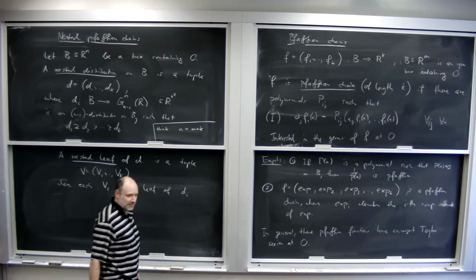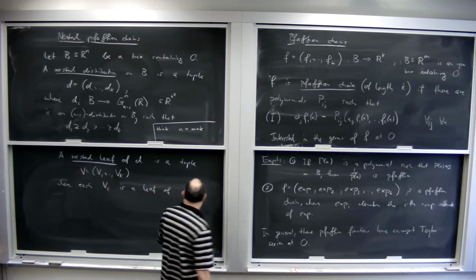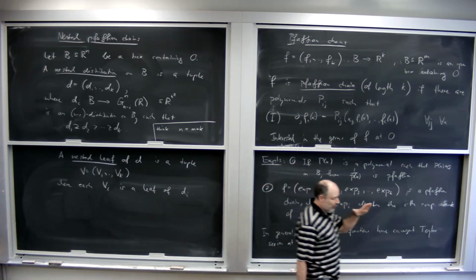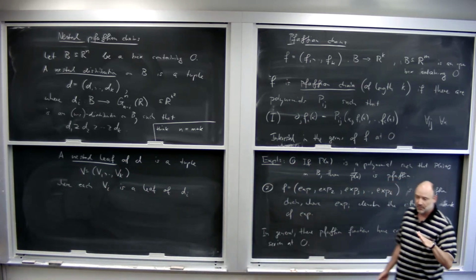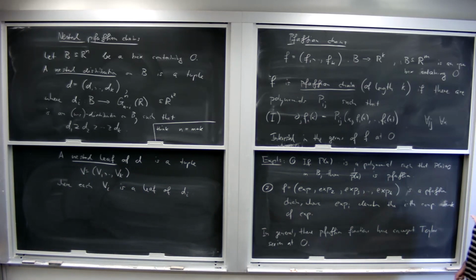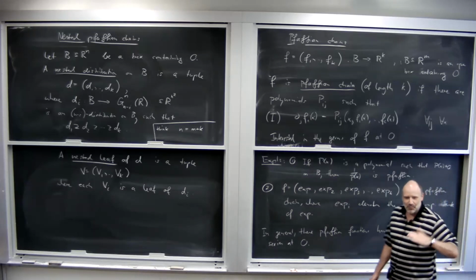So what is a leaf of the distribution? Right, the distribution assigns to every point an n-i dimensional vector space. And a solution, or a leaf, will be a manifold whose tangent space at that point is the space assigned by Di at that point. Okay, so it's tangent at every point to Di.